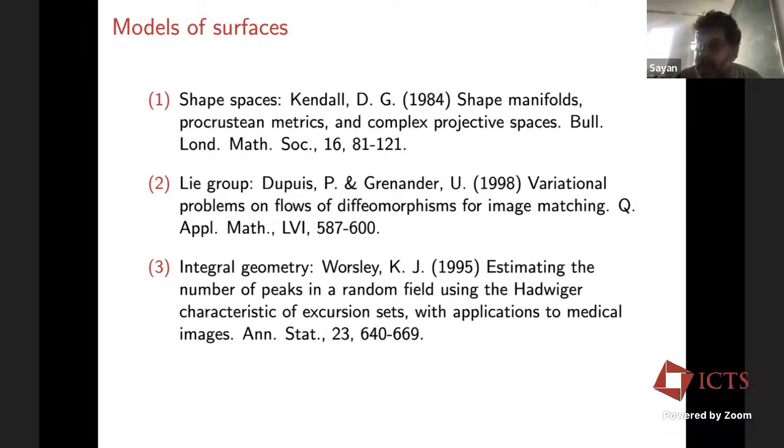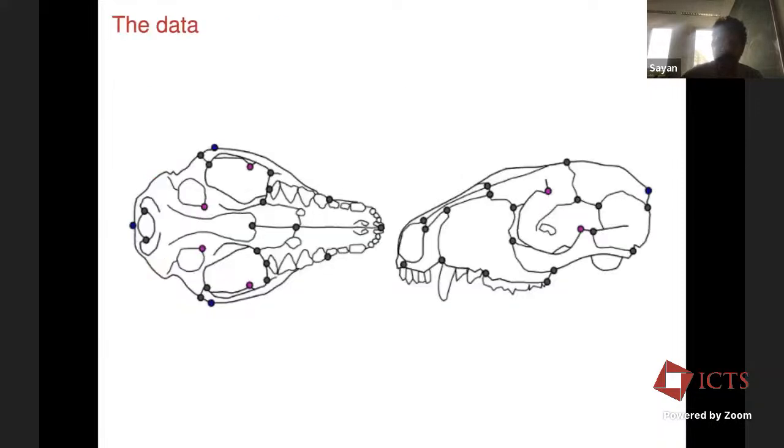And I'll explain all of these, but the idea that I want to convey to you is that when you have 3D shapes, there are representations that are particularly useful for both classical statistical algorithms and machine learning algorithms.